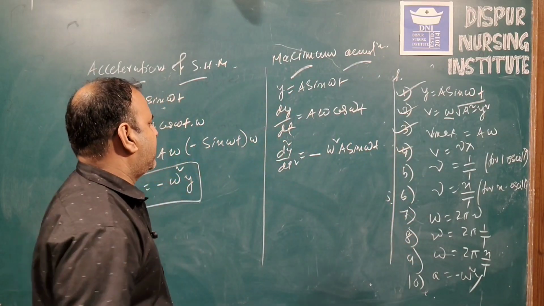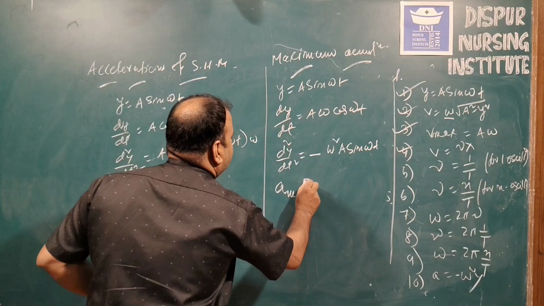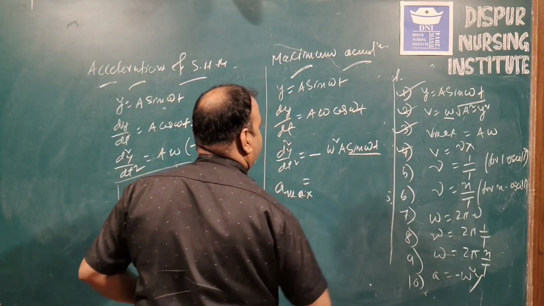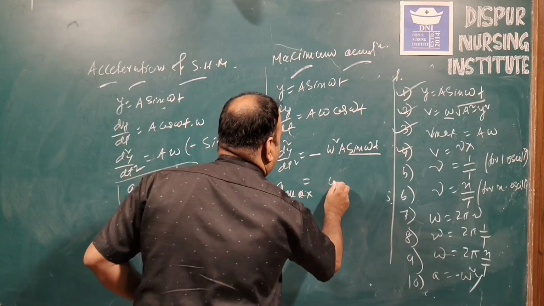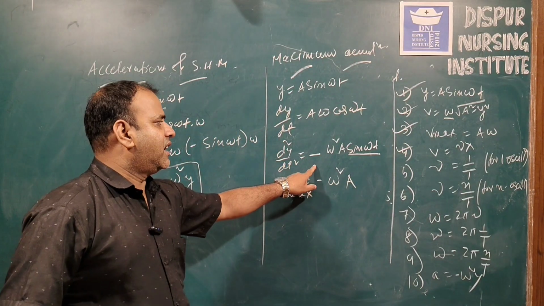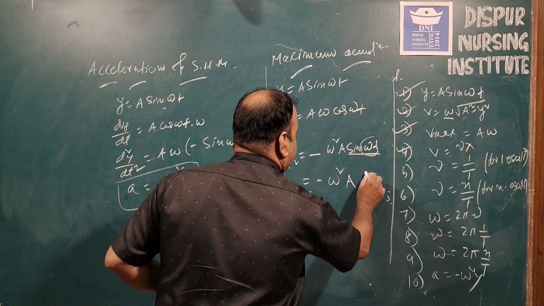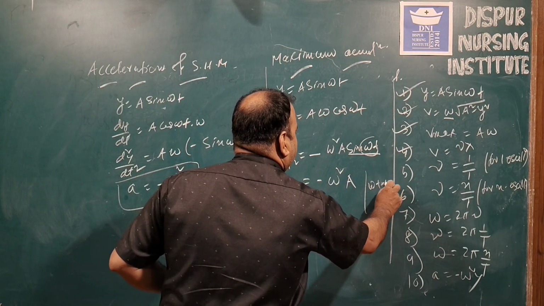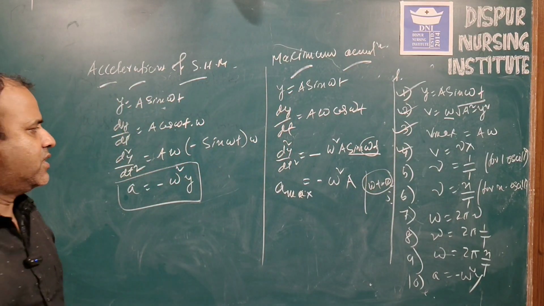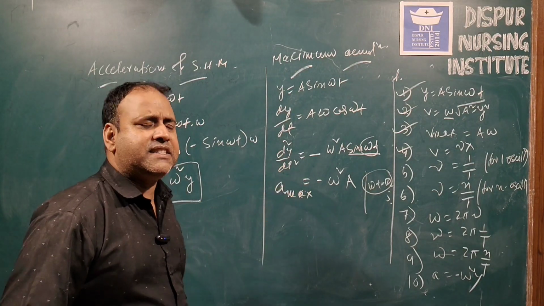You always remember, the maximum acceleration will be there when the value of omega t is equal to pi by 2, that means it will be omega square A. But one thing you remember, the minus sign will be there. Here I consider the angle pi by 2, that means when omega t is equal to pi by 2, then it will be maximum acceleration. In this relation the negative sign is there.